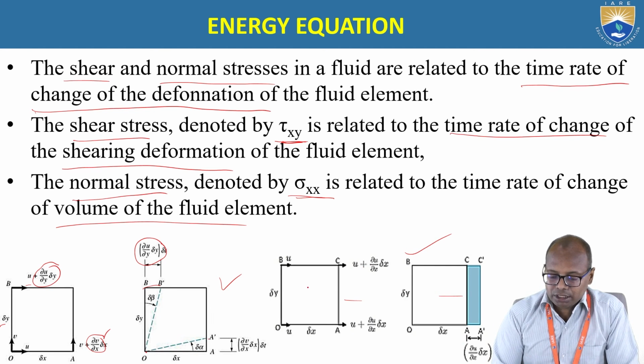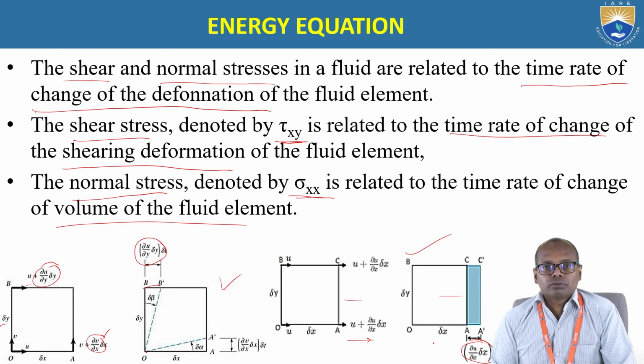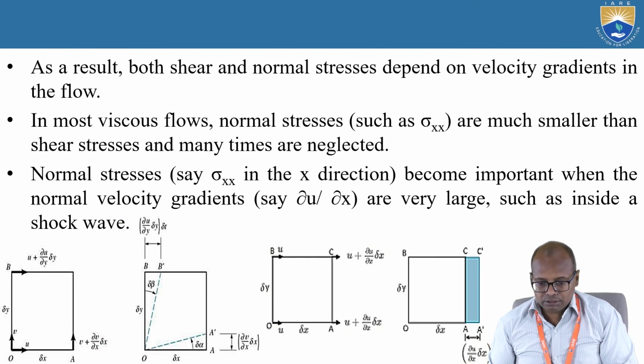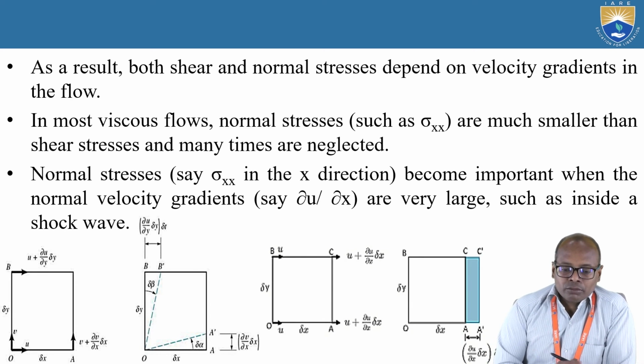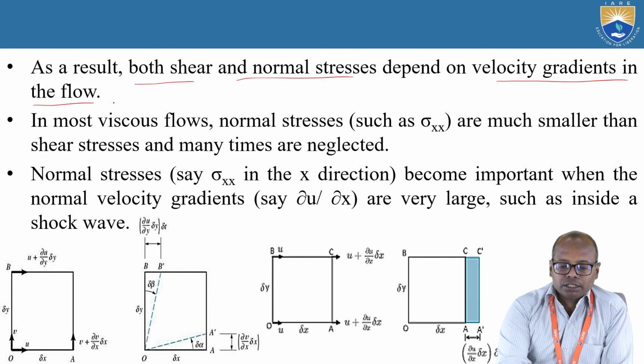Now here, if the velocity is changing in the linear direction, it is causing some increase in the volume. So that is the effect of this normal stress and shear stress. Both shear stress and normal stress depend on velocity gradients in the flow.